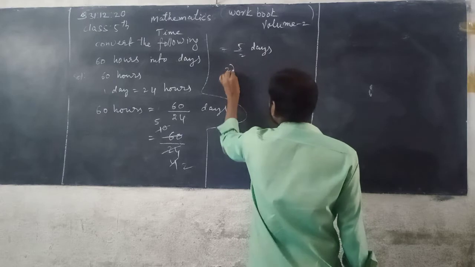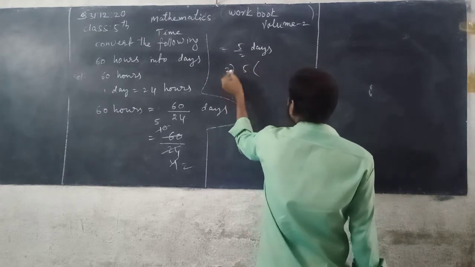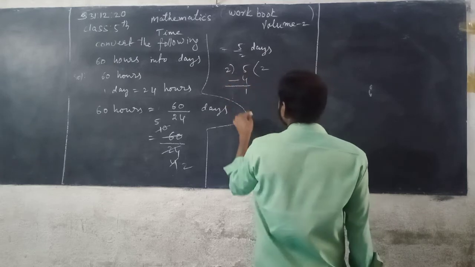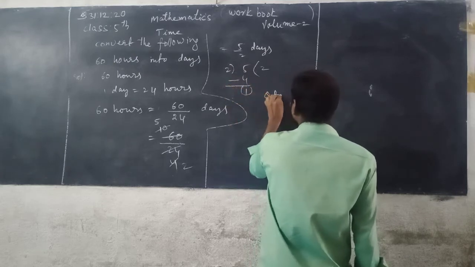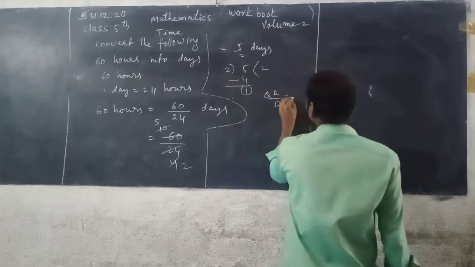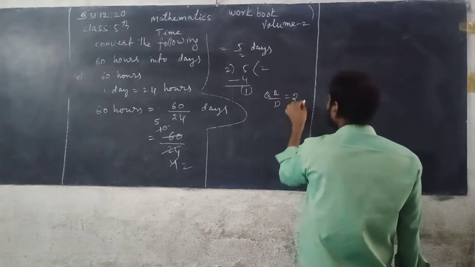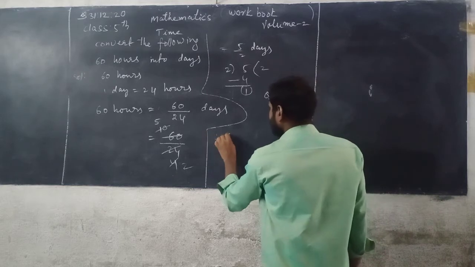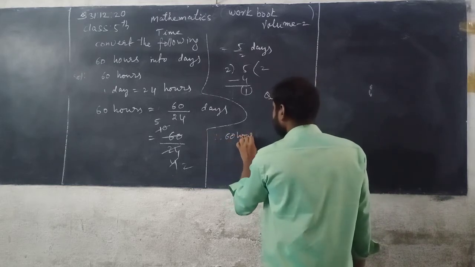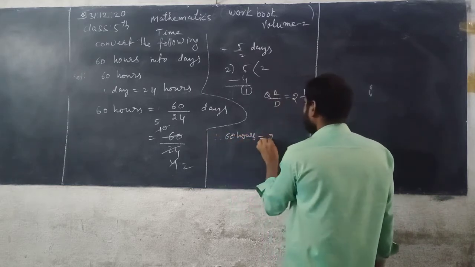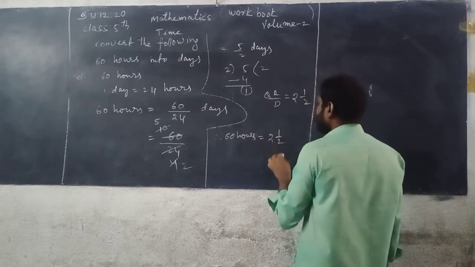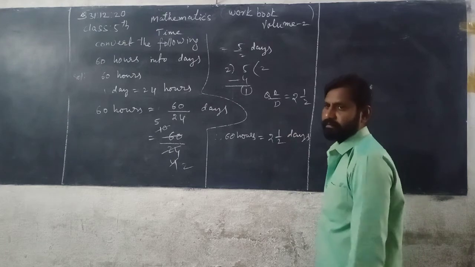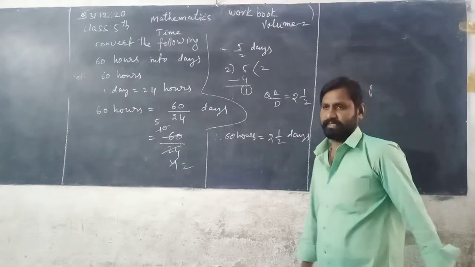Then 2 twos are 4, 5 minus 4 is 1. So Q R by D, Q means quotient, 2 whole 1 by 2. Therefore 60 hours is equal to 2 whole 1 by 2 days, which means 2.5 days.